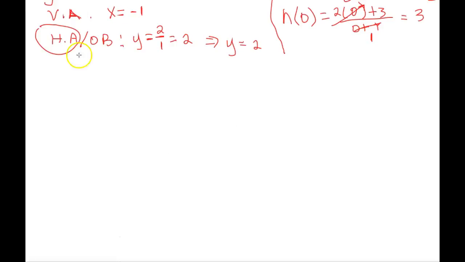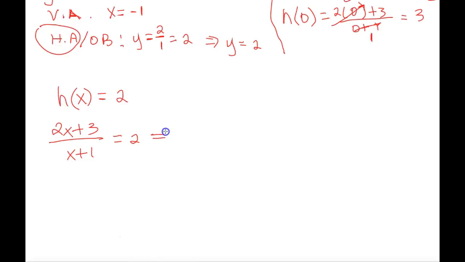So first thing is we want to know, does our particular function cross the horizontal asymptote of y equals 2? To do that, we just set these equal to one another and see what we get. So here we have 2x plus 3 divided by x plus 1, all that equals 2.